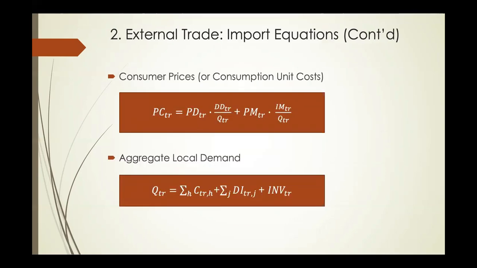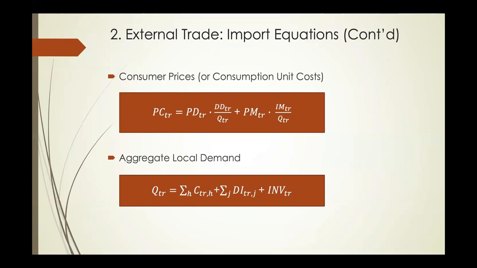As consumers purchase partially local products at price PD and partially foreign product at price PM, the unit value PC of each purchased product is an average weighted price.